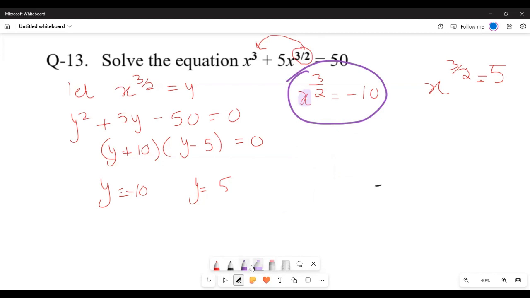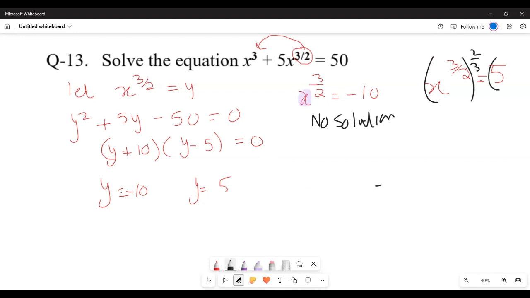This one cannot be solved, or in other words, this has a square root. So you can't square root a value and get a negative answer. So no solution. For this one, we take power 2 by 3 on both sides, which gives 2.92, and that is the only answer.